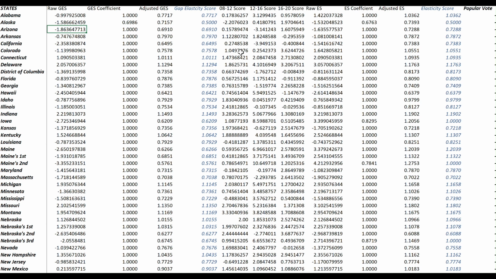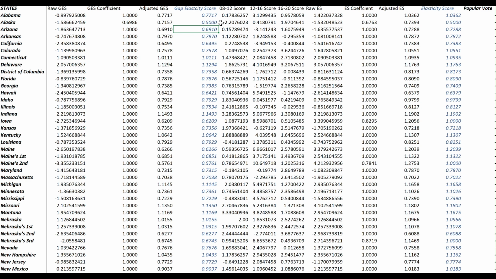If the gap elasticity score, in the case of Arizona, is not that high, 0.7 again, it means that Arizona is more or less going to vote with the same margin compared to the nation. So if Arizona voted around 4 points to the right of the nation in 2020, there's not going to be a lot of change in that number in 2024.